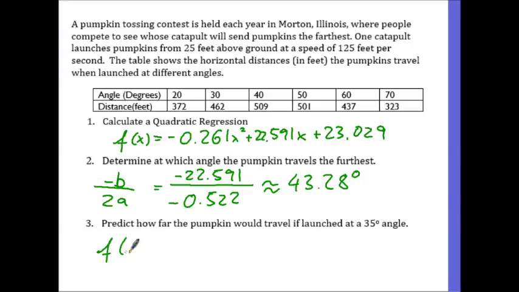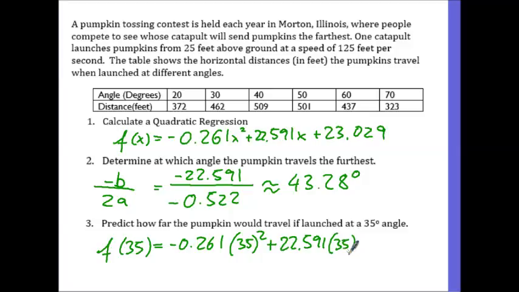In other words, we find f of 35, which is equal to negative 0.261 times 35 squared plus 22.591 times 35 plus 23.029.